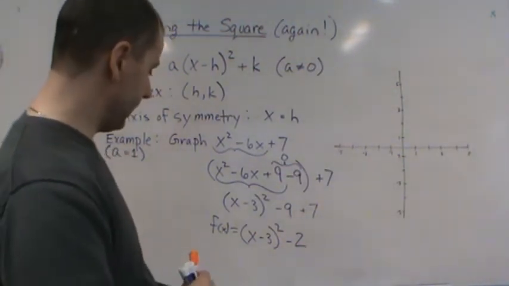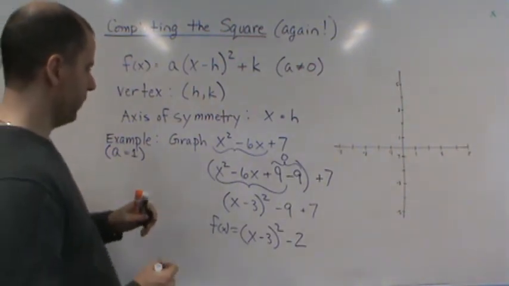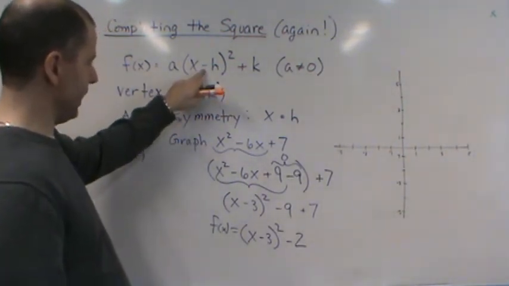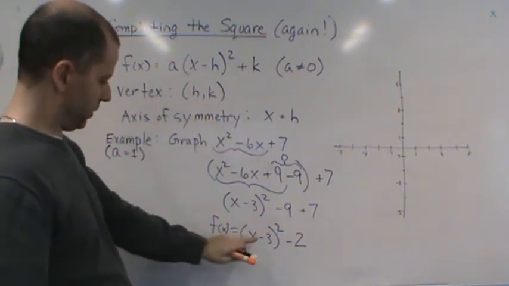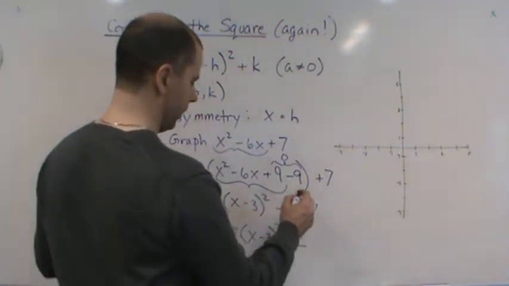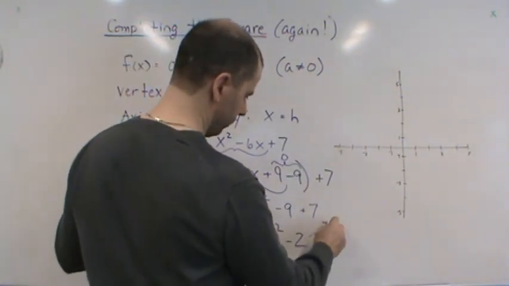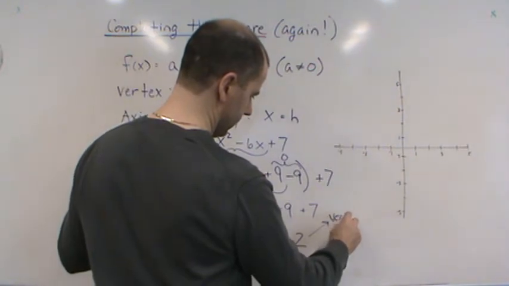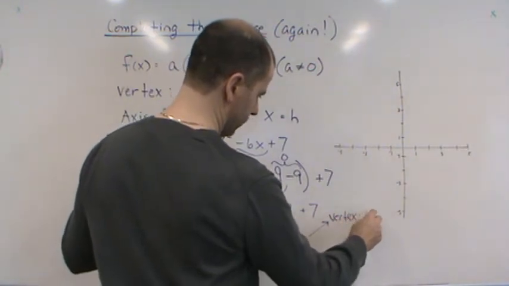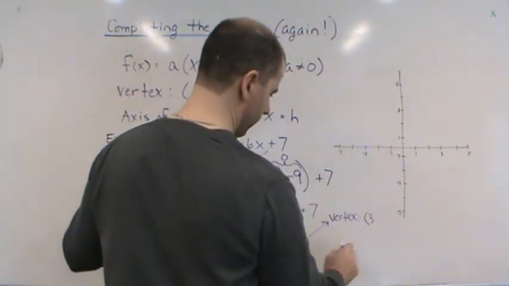I know that the vertex is what? Well, let's go back. Negative to subtraction. So my h is 3. So the vertex is going to be located what? 3. And what about this one?